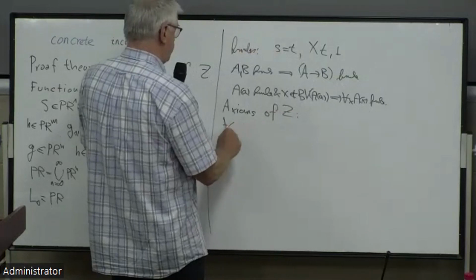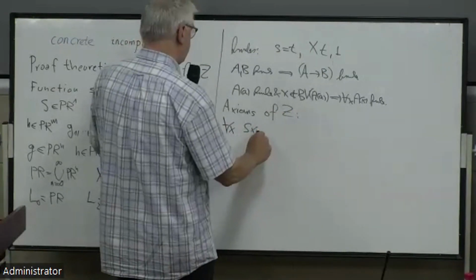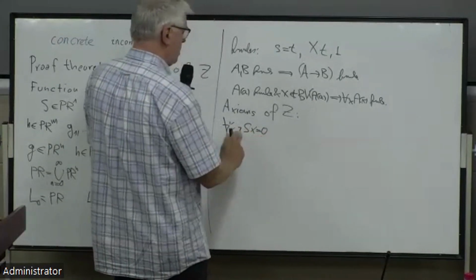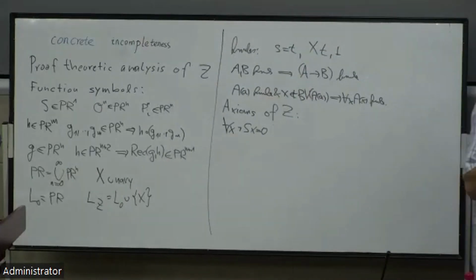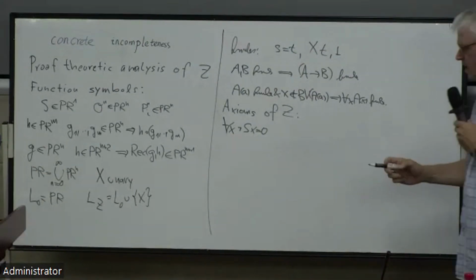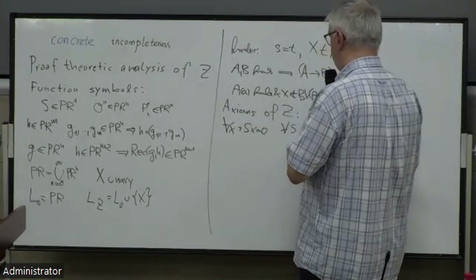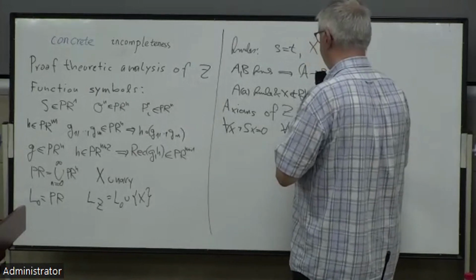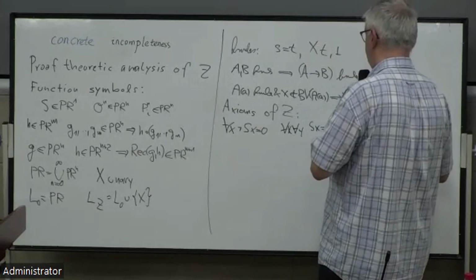Well, I have some axioms stating that successors are never equal to 0. Recall the negation is defined using arrow and falsum. The successor function is 1-to-1. So if s of x is equal to s of y, then x is equal to y.